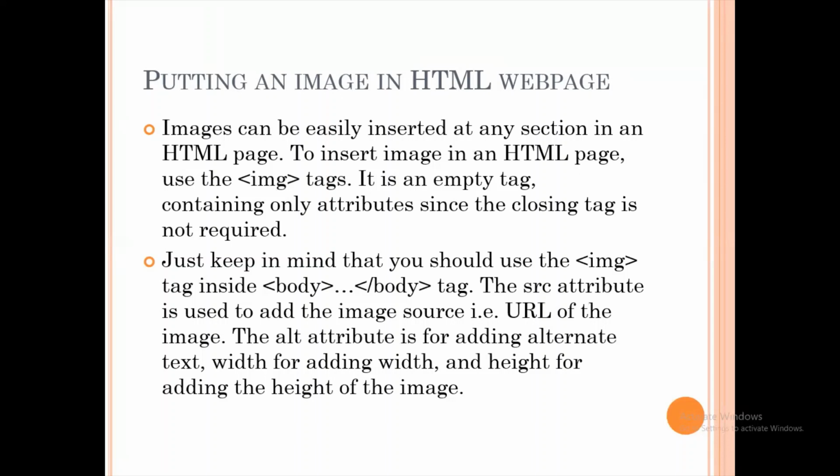We have an img tag, and it will appear inside the body tag. How can we use the URL of the image or the path of that image? We will see.